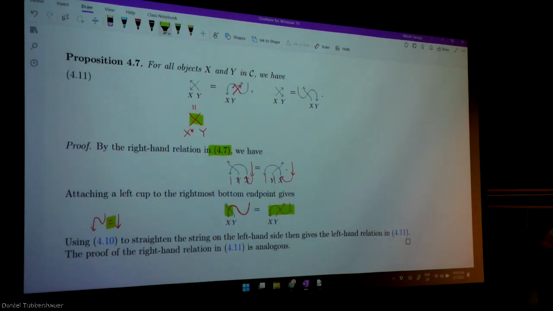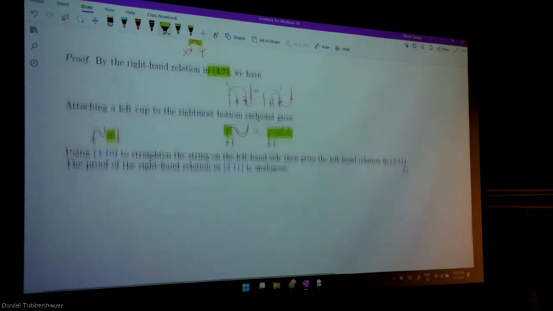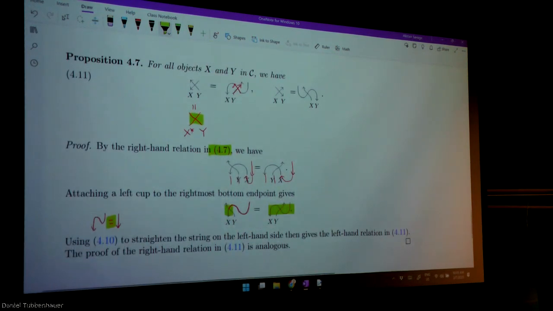That's the point of this: there's this compatibility between the duality and the symmetry. Rotating a crossing gives you the natural crossing that you would think of if you think of just isotopy invariance. So we proved this relation, but the proof of this relation is almost identical. Any questions here?